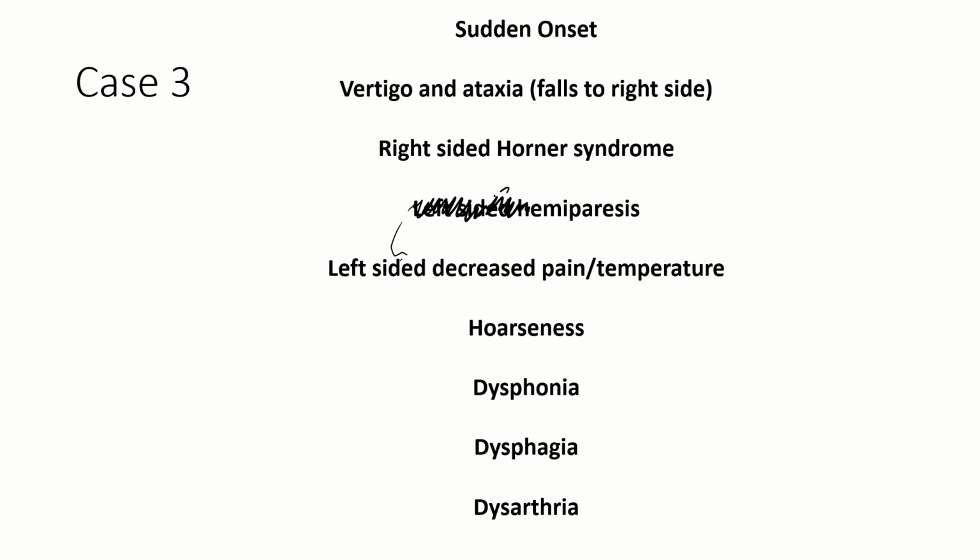Yeah, this is an error. Don't include this. It's more medial. You are going to have left-sided pain and temperature loss, and then you're going to have hoarseness, dysphonia, dysphagia, dysarthria.